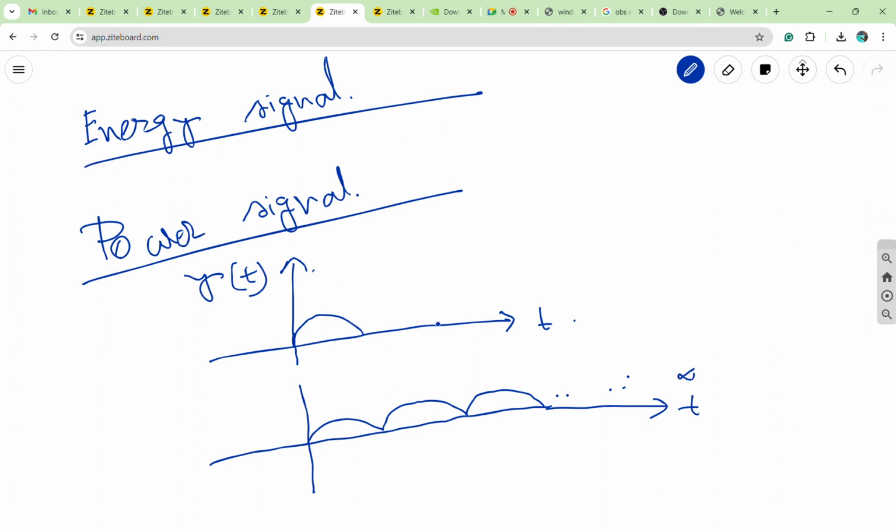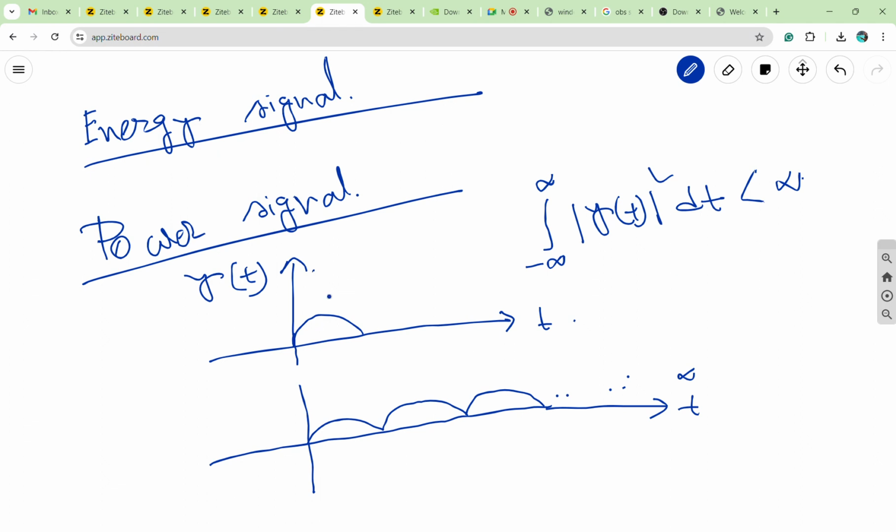So whenever a signal is an energy signal, it should be bounded, because if we take the integral from minus infinite to infinite of mod of y(t) square dt, this should be less than infinite.